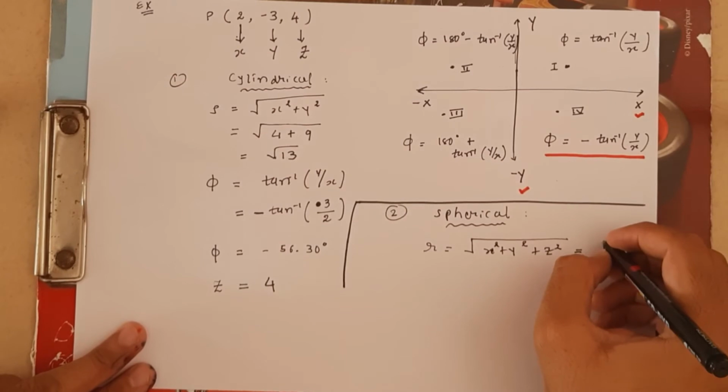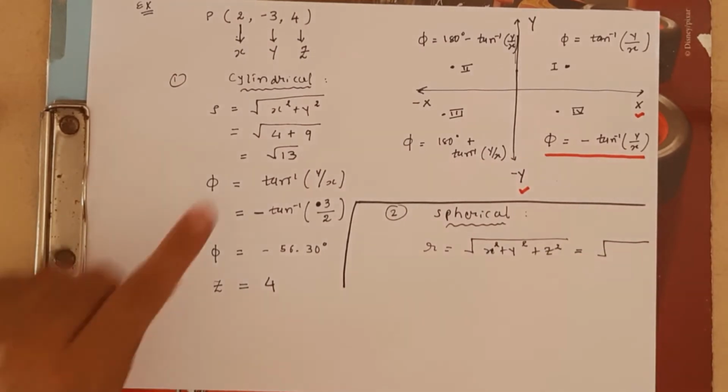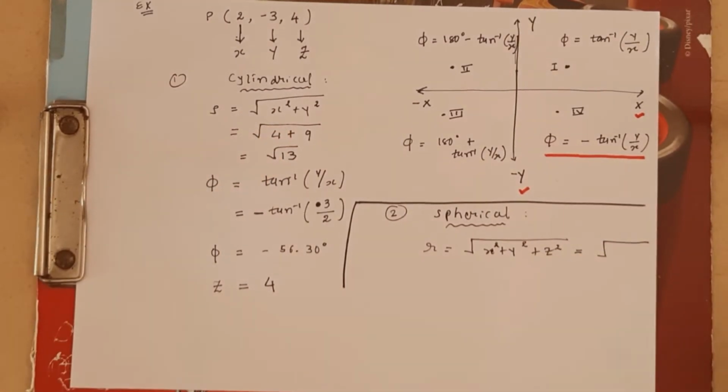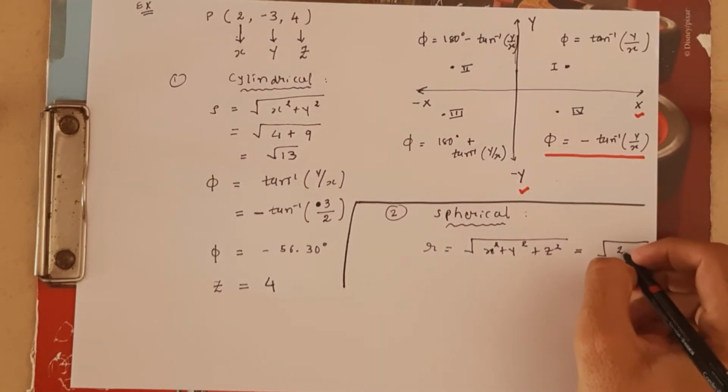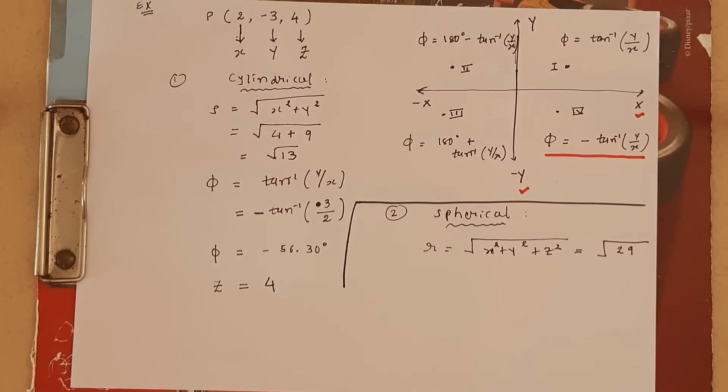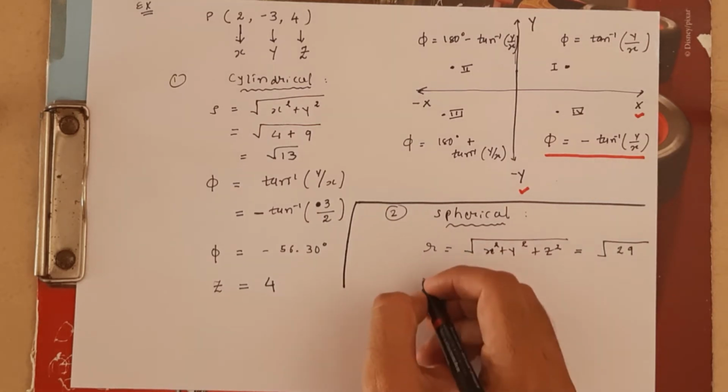So this is under root of 4 plus 9 plus 16. 4 plus 9 plus 16, so this is under root of 29. So this is the value of r.